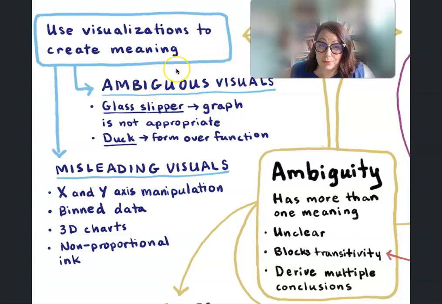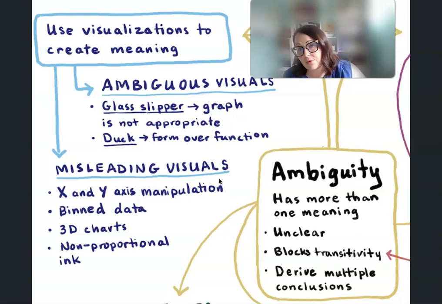I would also sort of just use the word here like unclear or obscuring these visuals. So the glass slipper is the one where you try to take one kind of information and put it into a graph that's not appropriate. A duck is where it's just completely form over function. So maybe it's like in a weird shape or something.